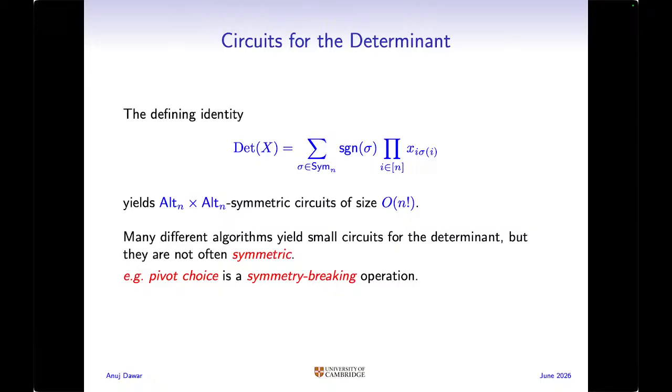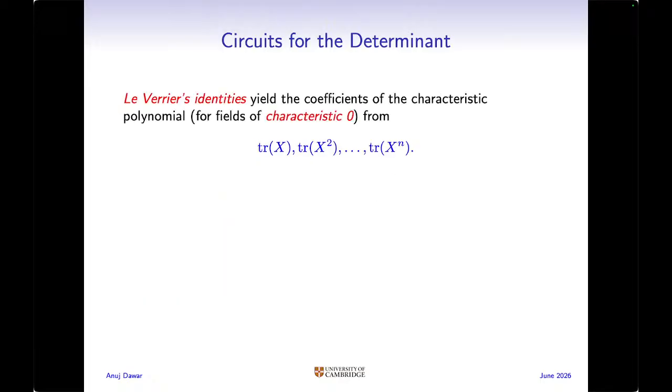These choices cascade, and it becomes exponential. But there is a way of getting some symmetry in a computation of the determinant.